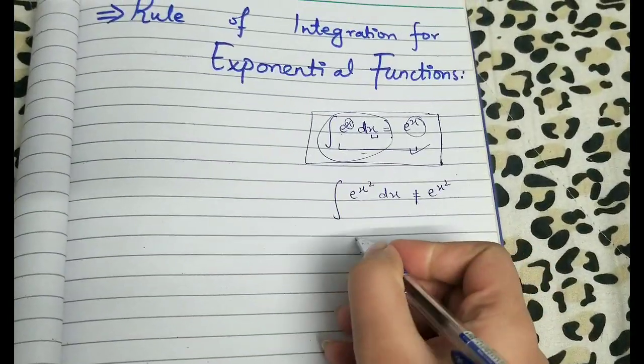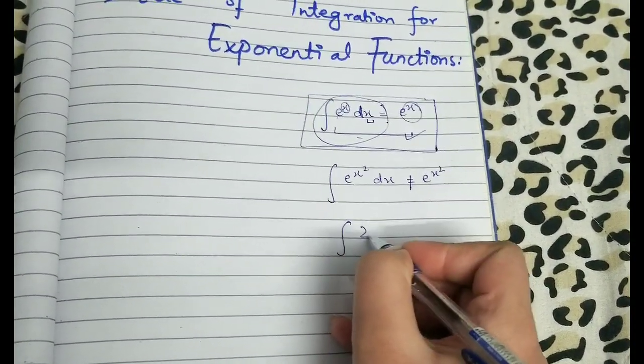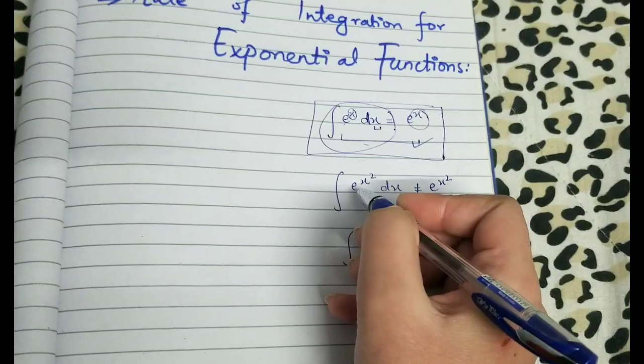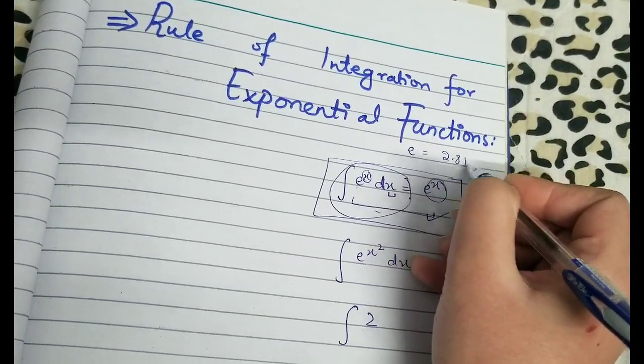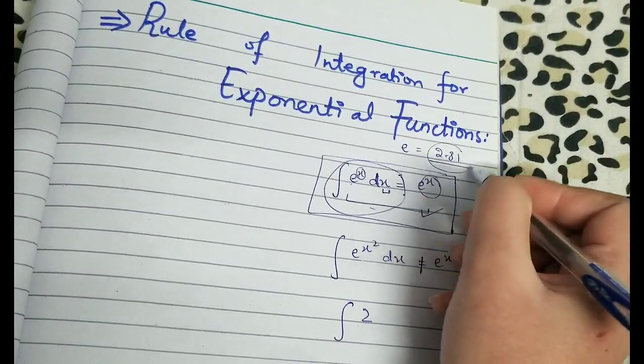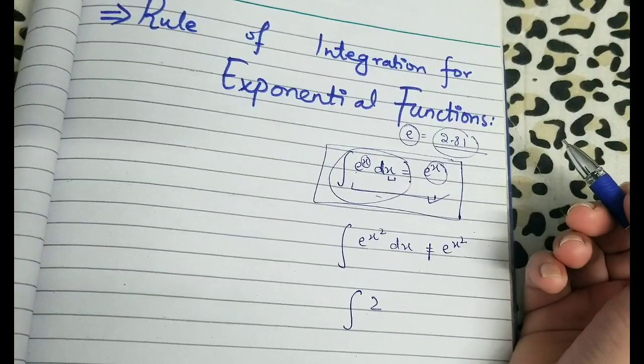And similarly, if we are given some other base, for example, instead of e. e is a specific number, which is I think 2.81 something like that, but it's a number that we represent by e because it frequently occurs in mathematical equations.